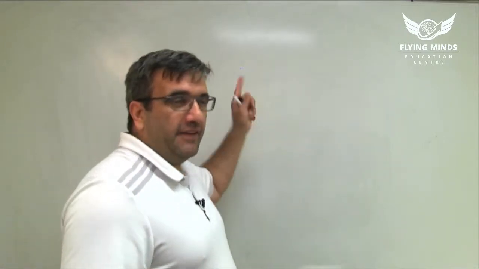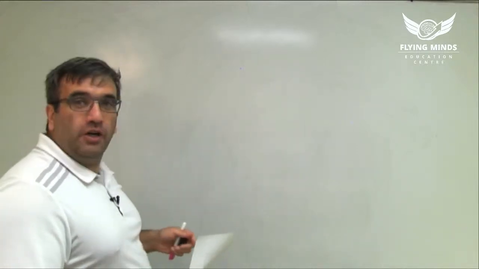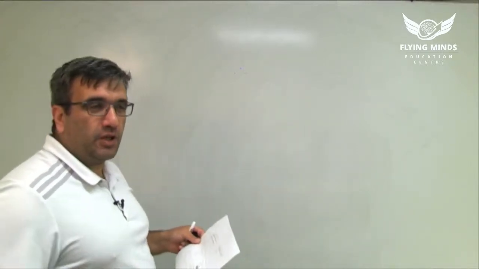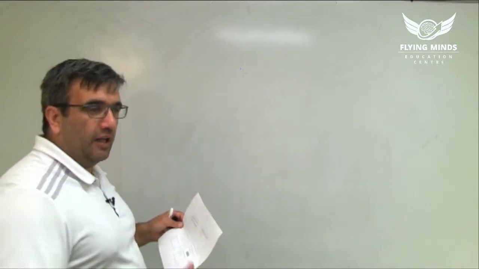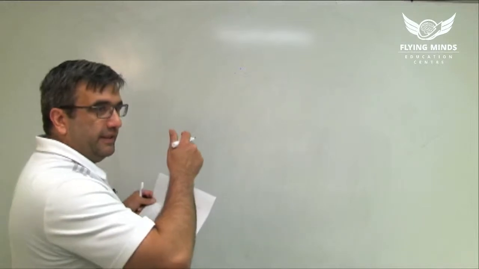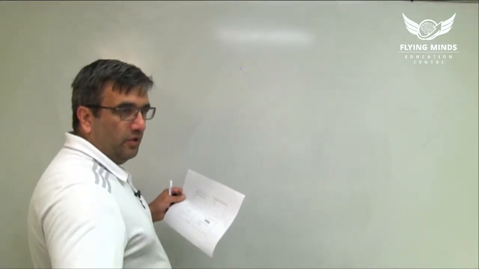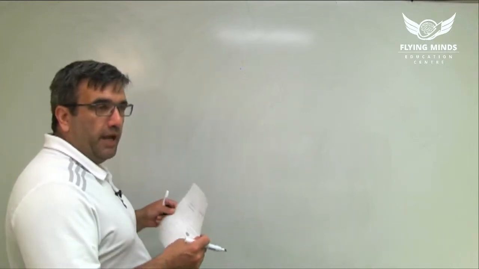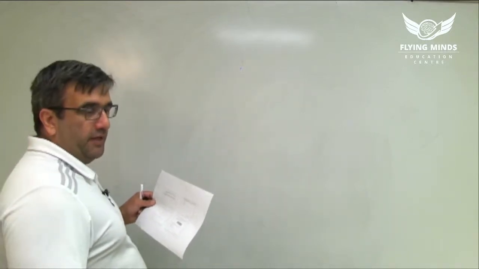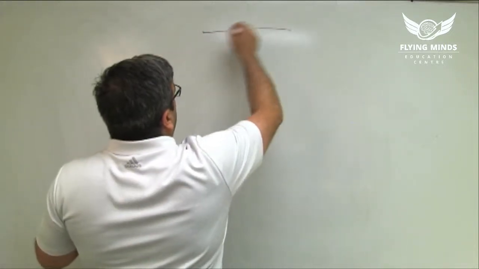I think I made errors somewhere, so I just need to redo this question, and I'll post the answer today on YouTube channel. So please come back and check it by the evening. It will be there. So we have a rectangle.